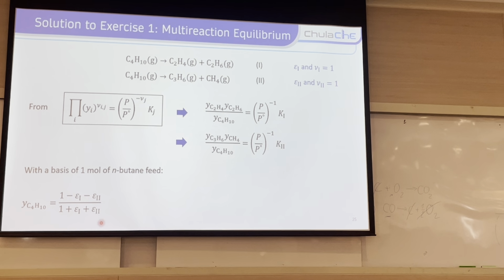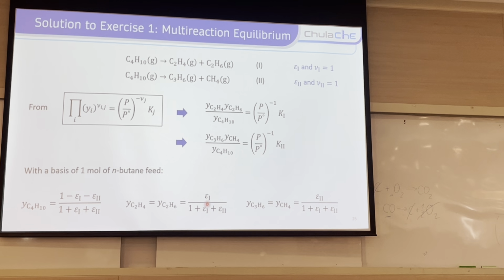The denominator is equal to the total initial mole number in the system, which is equal to 1 from the basis here, plus the reaction coordinate for reaction 1, plus the reaction coordinate for reaction 2. For the other components, you can write the mole fraction in the same manner.